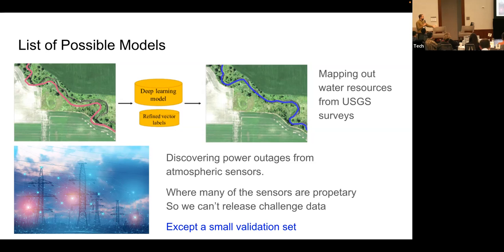So the idea is to predict the probability you get a power outage. The interesting thing is that sensors on power lines are proprietary. So this is not information that we could release publicly, but what we could do is make a reduced public data set that you can train your network on. And then we'll have to write some infrastructure to actually run the testing on the proprietary data to see if we can actually do this. So this is a fun one in the sense that you get to test your algorithm on blind data that you never get to see.